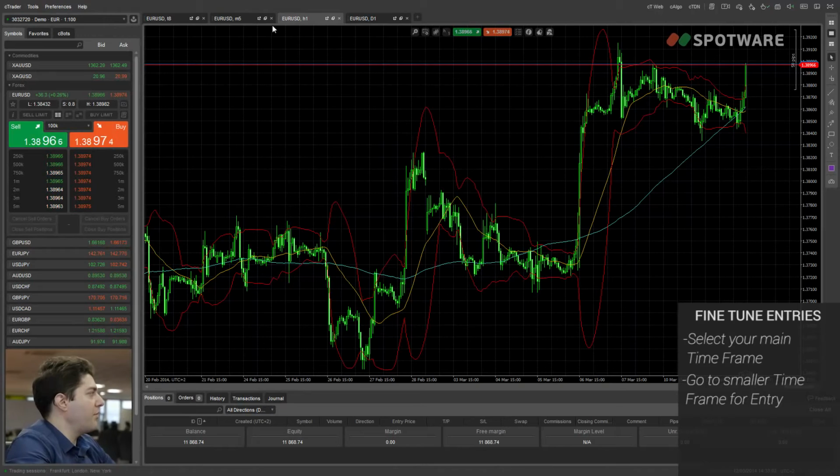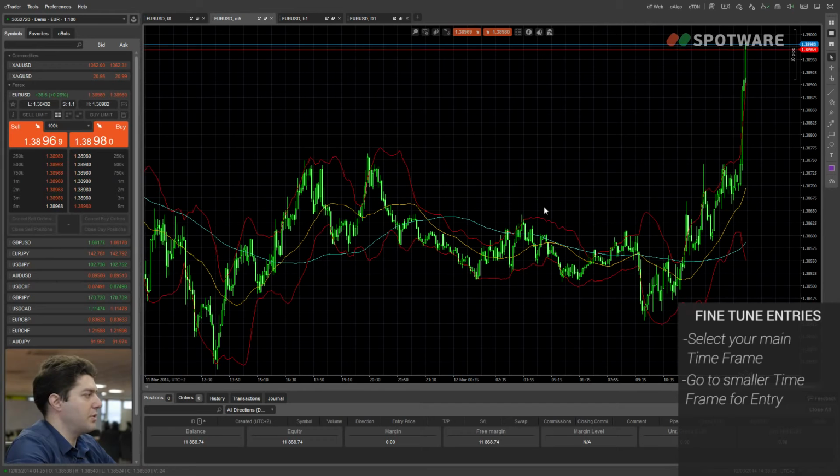I'm going to show that again in cTrader. Now in this case we have the 1 hour chart, and we actually don't have a signal now, but let's assume that we have a short signal now. Even though the short signal is on the 1 hour chart, we're going to go to the 5-minute chart, which is a completely different chart, and we're going to do our technical analysis here.